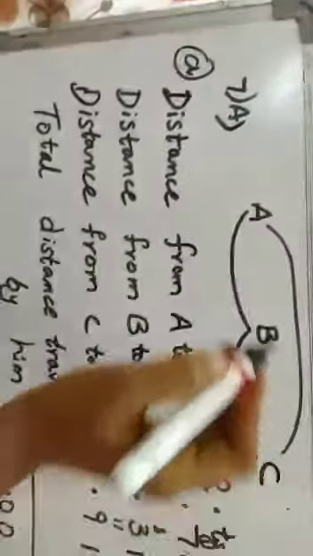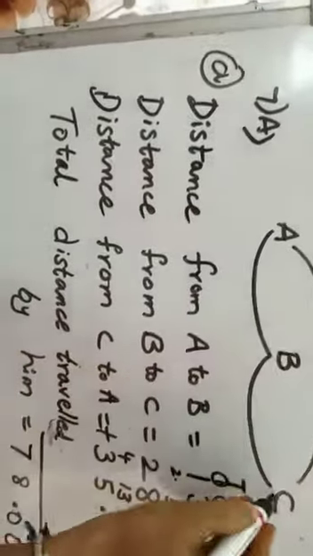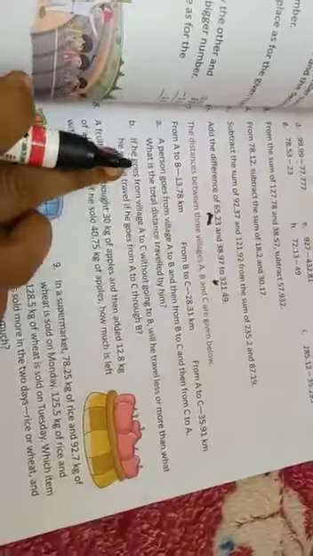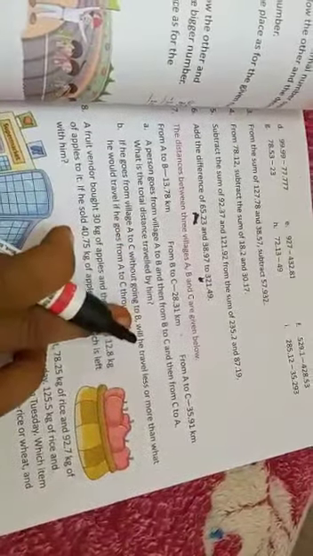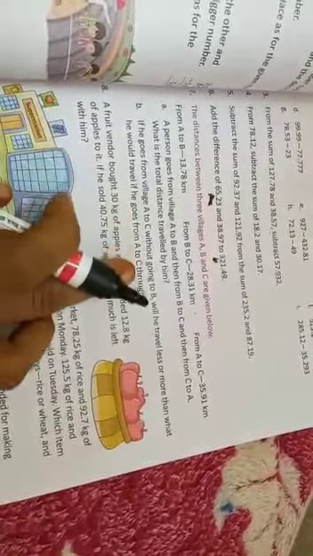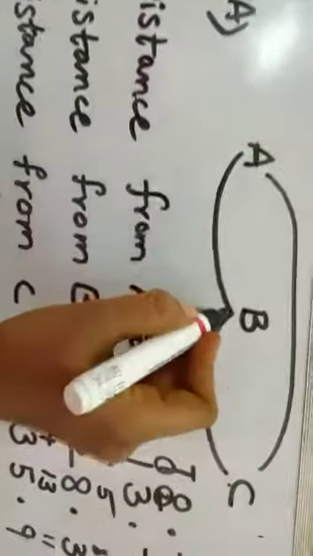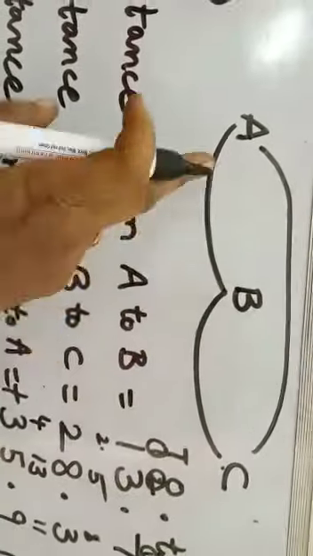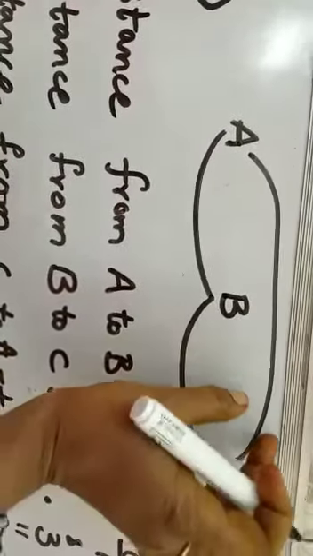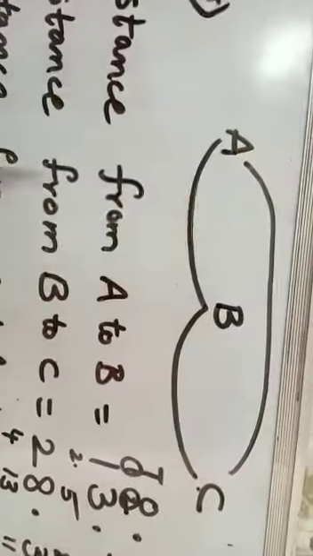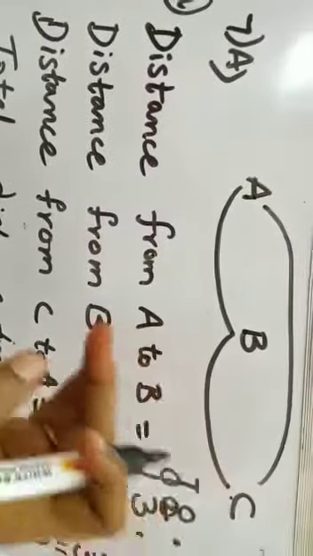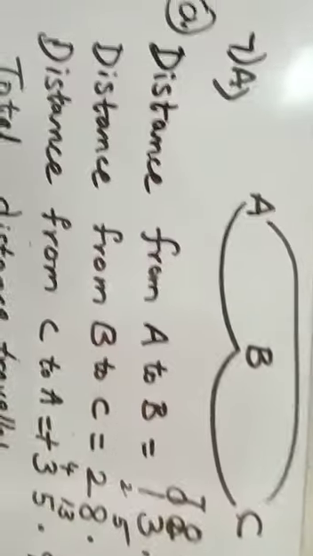So, A to B, B to C, C to A. If he goes from A to C without going to B, will he travel less or more than what he will travel if he goes from A to C through B? That means the distance A to B, B to C. First add these two and compare with the C to A distance.